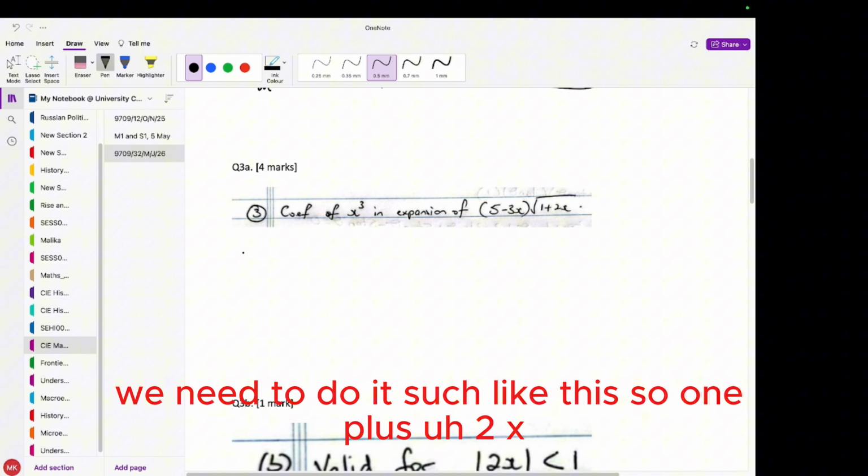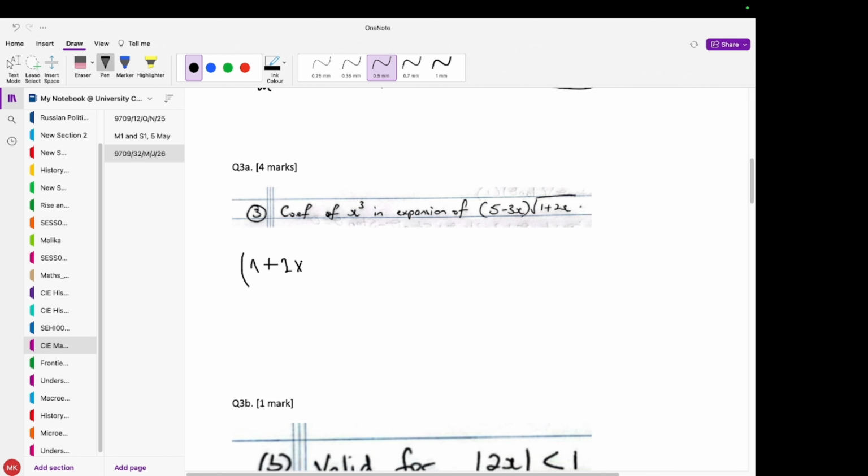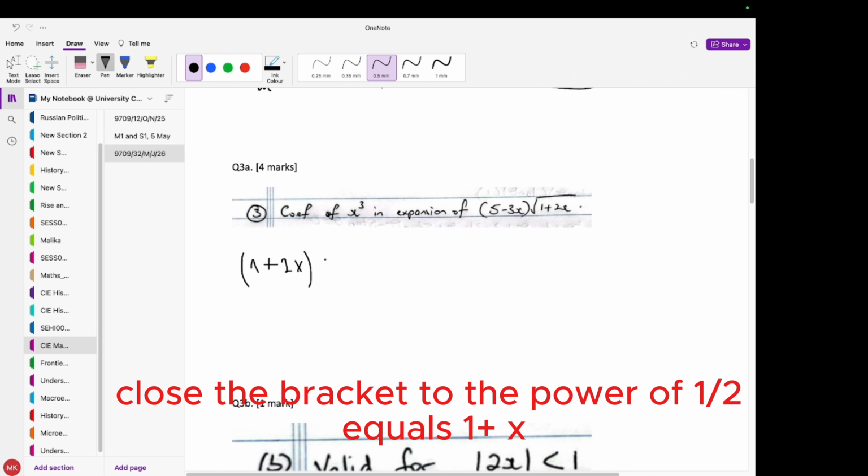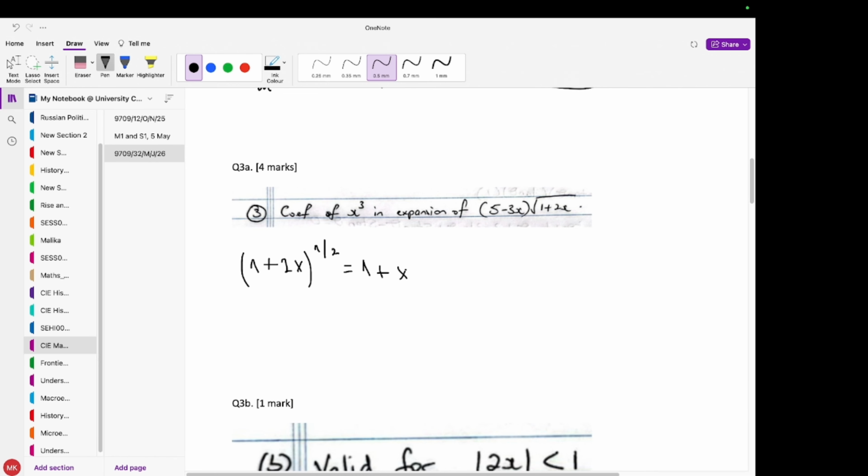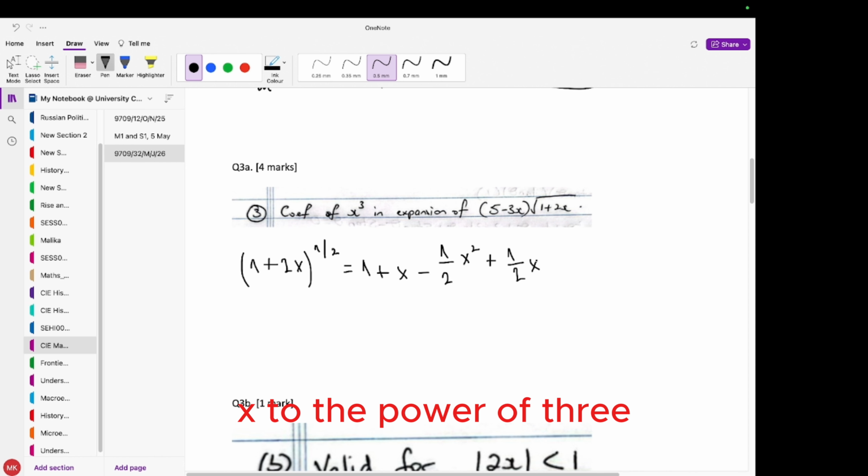So 1 plus 2x, close the bracket, to the power of a half equals 1 plus x minus 1/2 x squared plus 1/2 x to the power of 3.